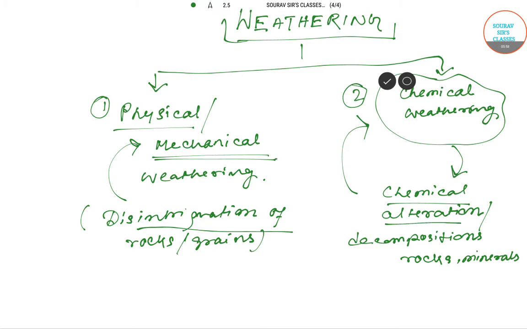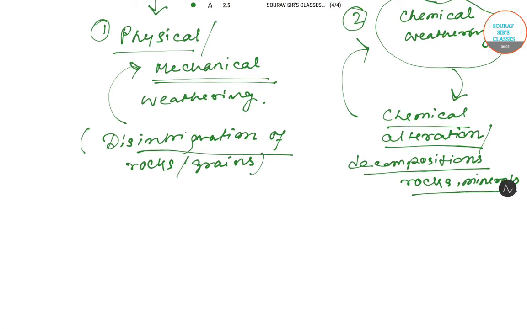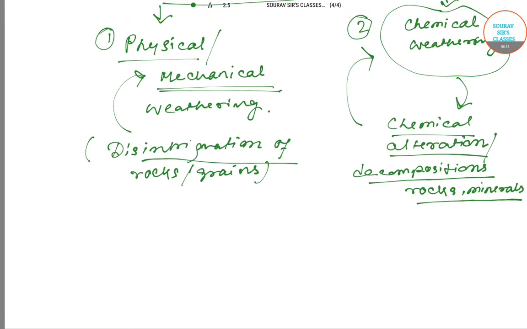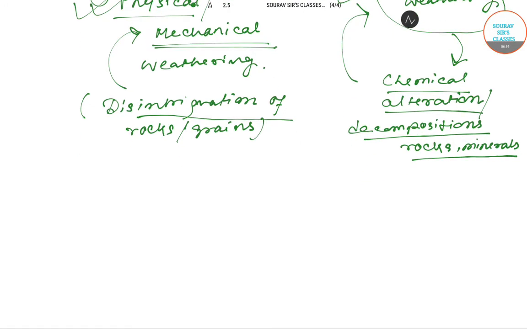So chemical alteration is the decomposition or the disintegration of the rocks and minerals. Okay, so here we have ended our classification. Now we'll see these two types in detail, this physical one and the chemical one. So let's start with the physical one.